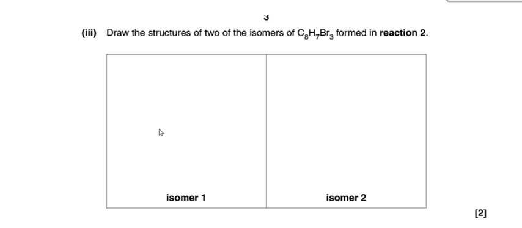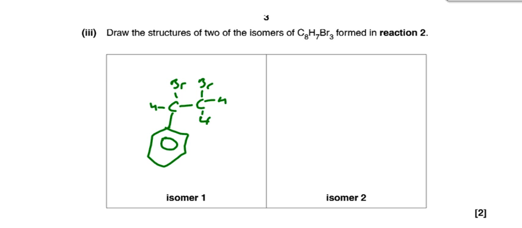Trying to draw some of these out. So we've got the same situation as before at the top. Down here we've got my benzene ring, and I've got bromine here on position 3, and if I do the same again, should have done this, should have had one ready prepared.